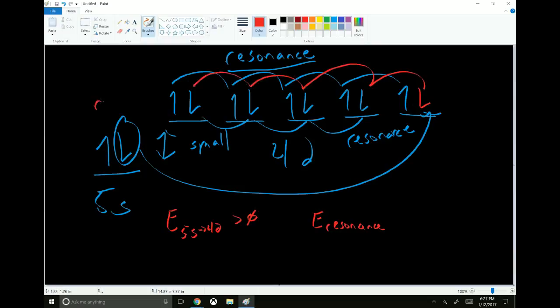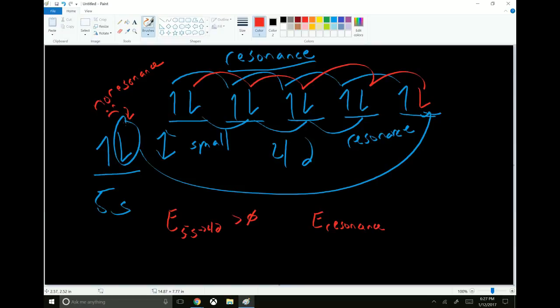No resonance here. In the s orbital. Okay, the s orbital is always all by itself, so there's no resonance there. Okay, there can never be resonance in an s orbital or an s sublevel. I often get those two mixed up because the s sublevel is a single orbital.